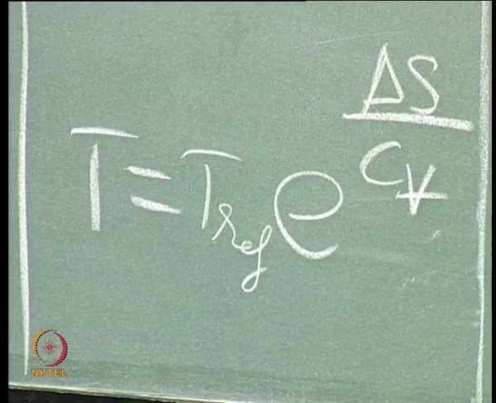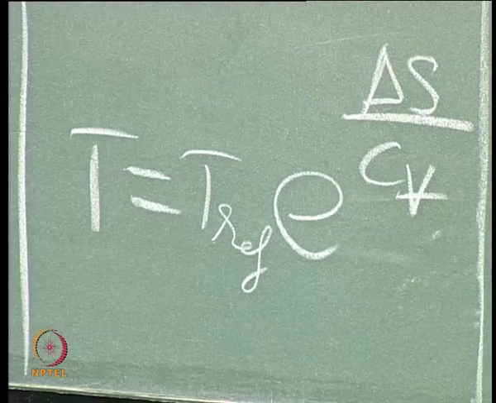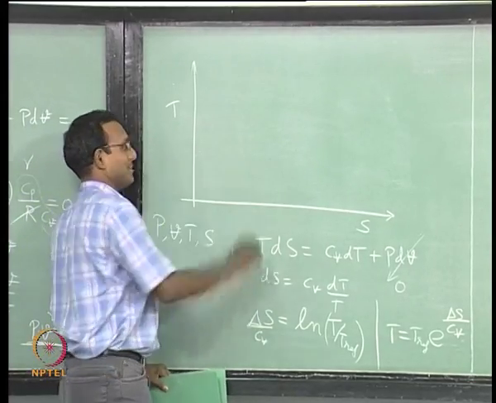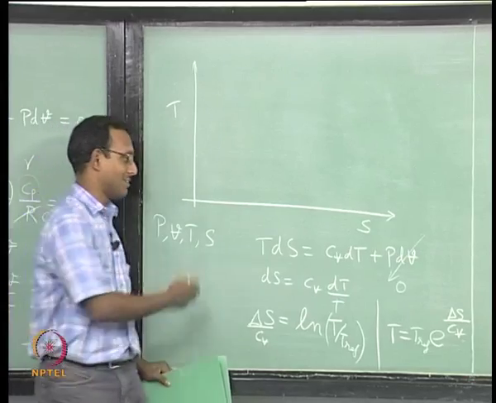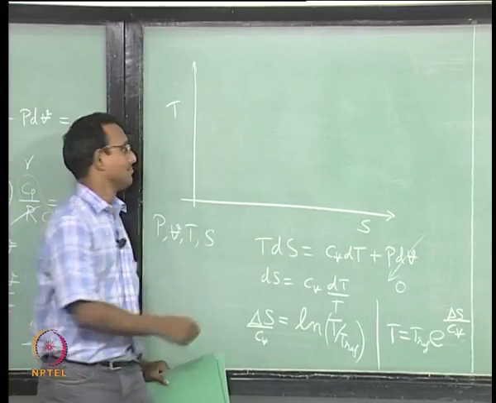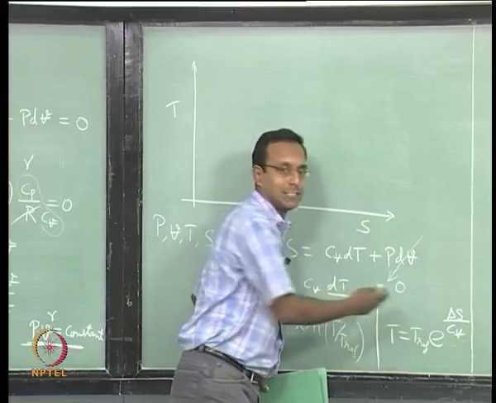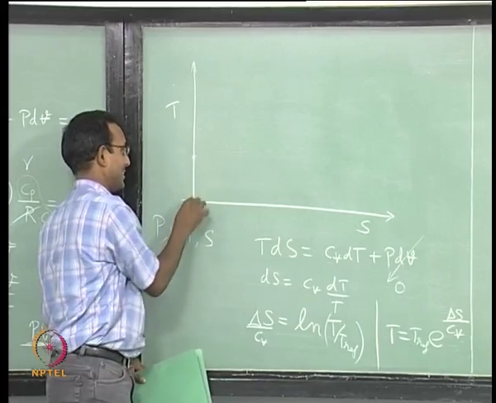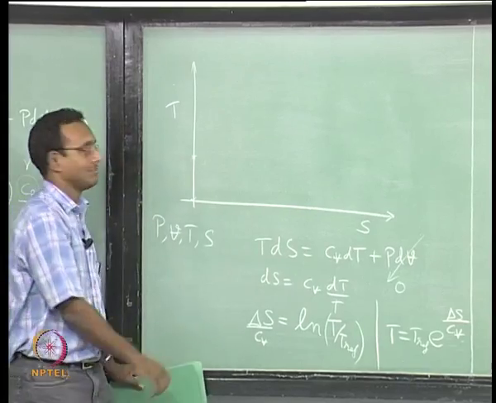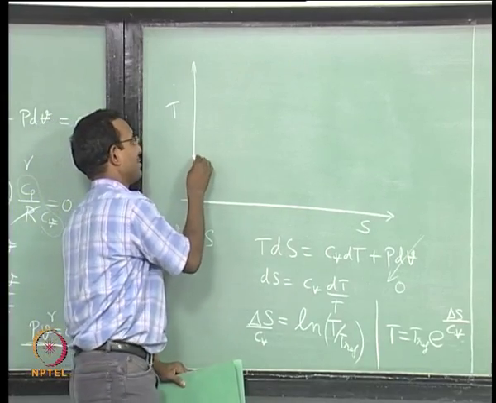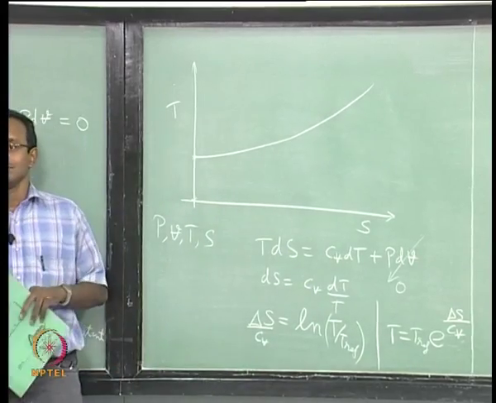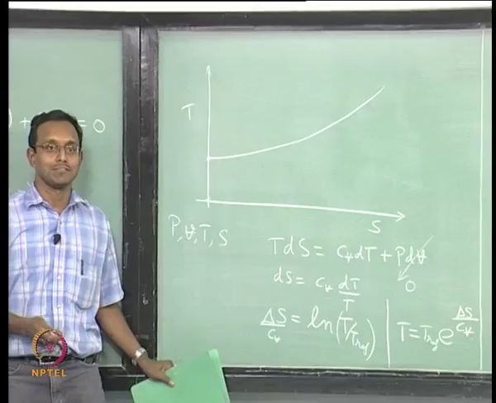Now you can tell exactly what the function looks like, right. This is easier. I am starting with some T reference. It will have some S value. That delta S is basically S minus S reference, right. So it will have a T reference, S reference, and starting from here the curve goes like an exponential growing curve. This is how you should think about it.